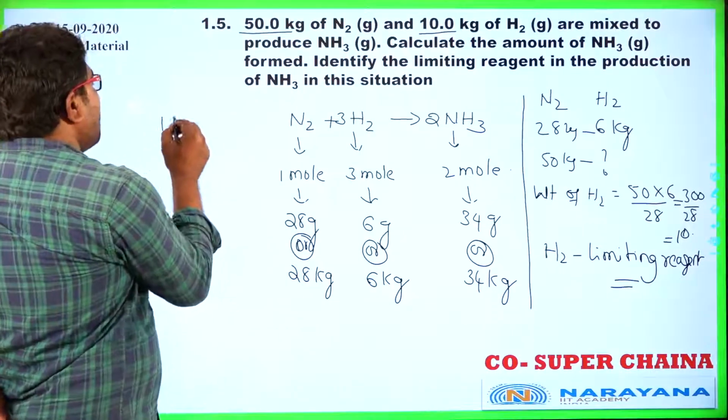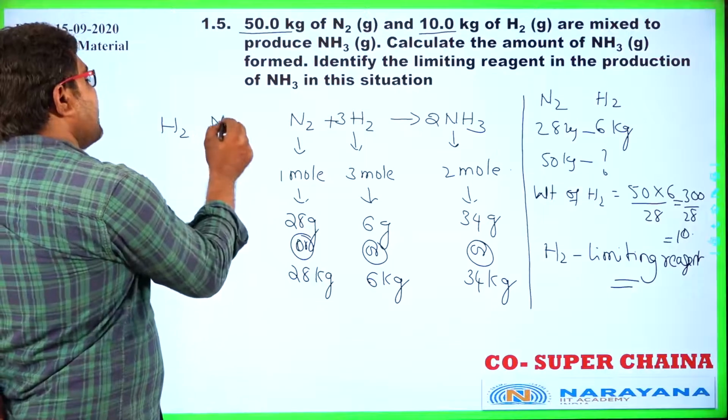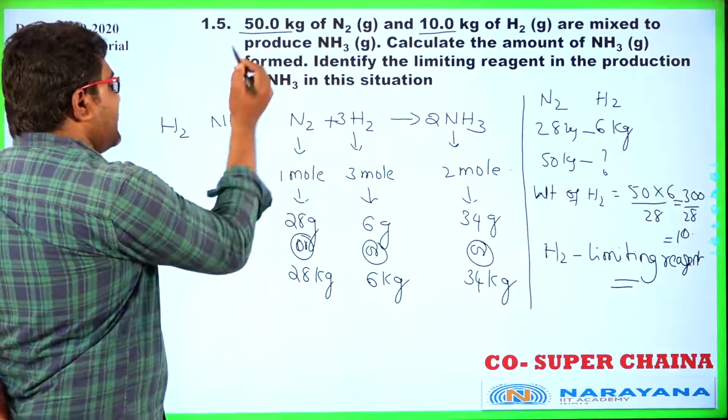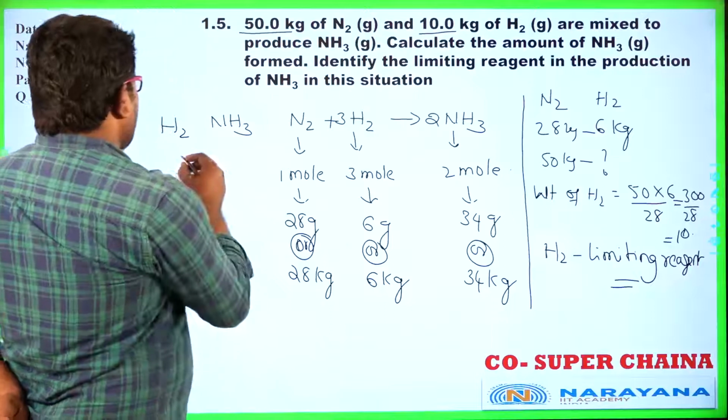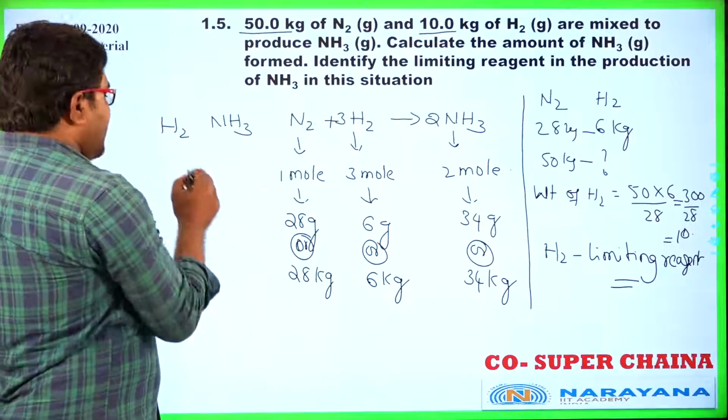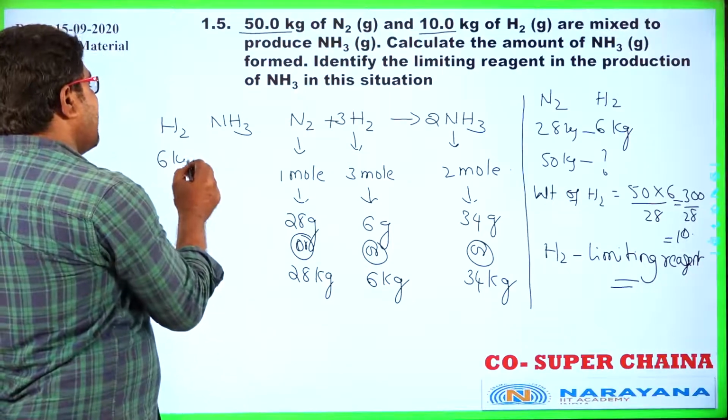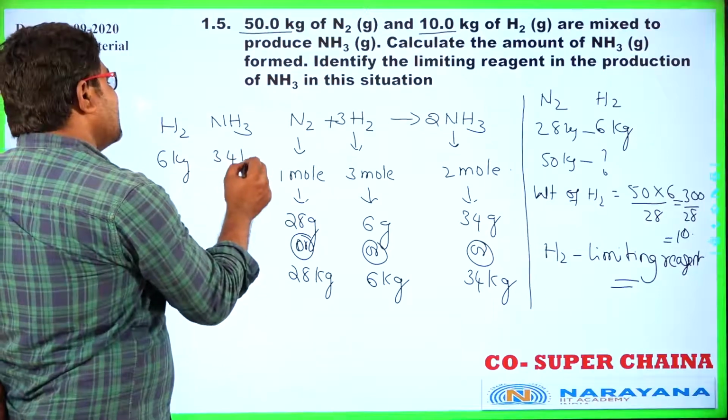So I need to compare the weights of hydrogen and ammonia. According to the reaction, if you take 6 kg of hydrogen, 34 kg of ammonia is formed.